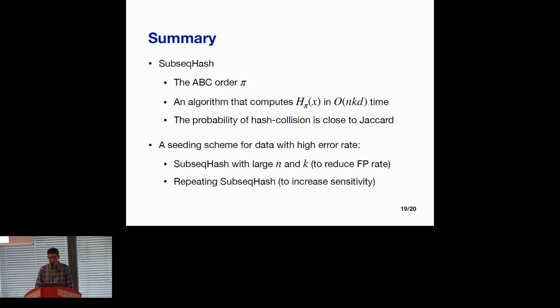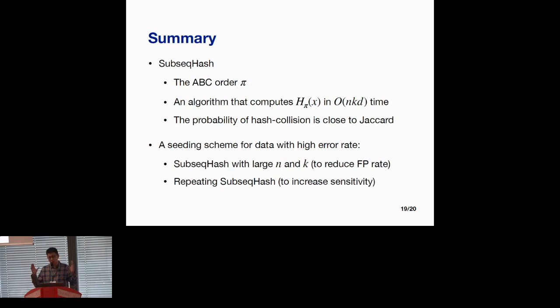We suggest to use subseq hash with large n and large k, for example n is 30, 40, even 50, 60, depending on the applications. And we suggest to use a k that is close to n, for example 80% or 90% of n. The reason is to reduce the false positive rate.